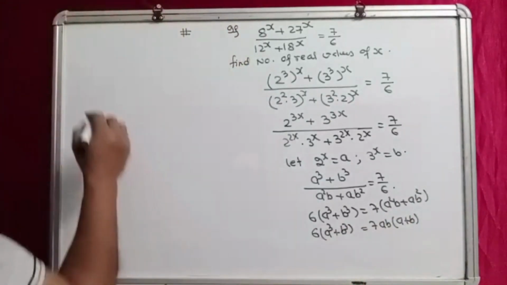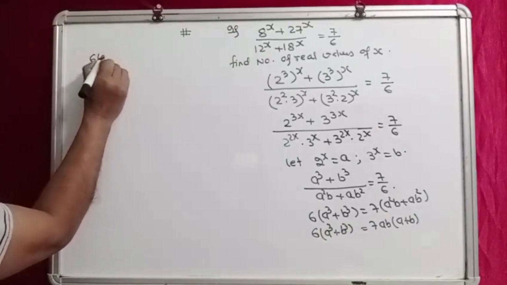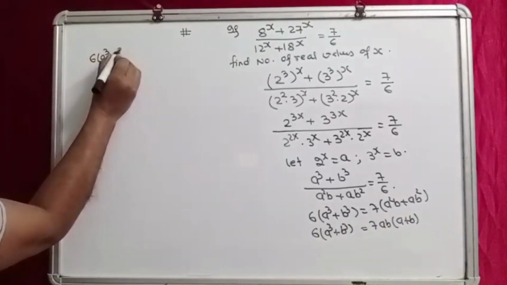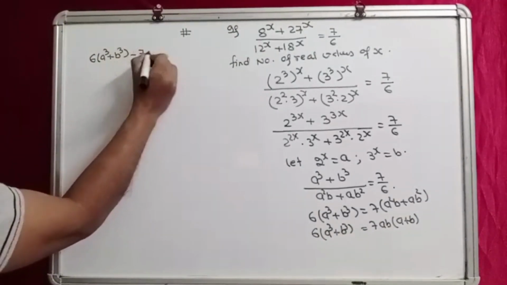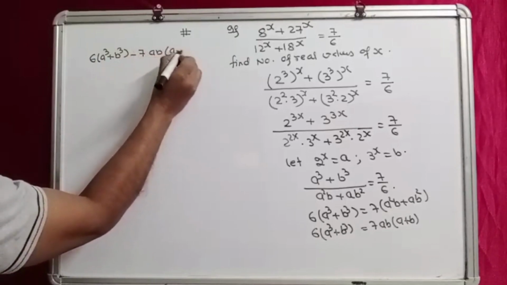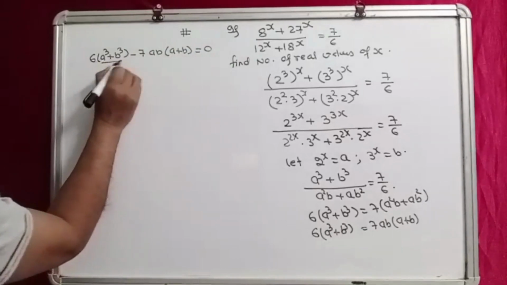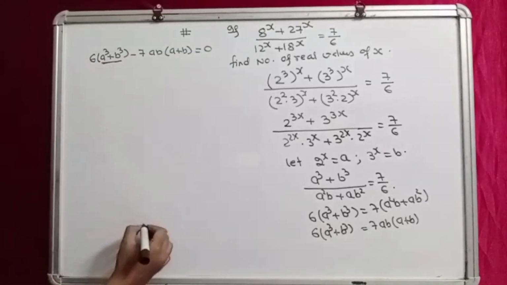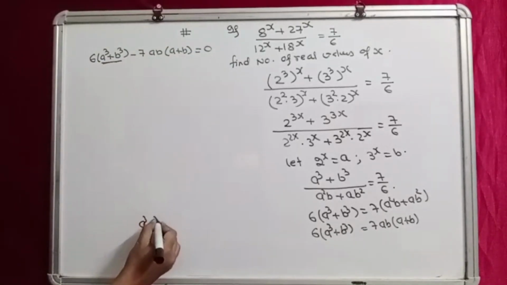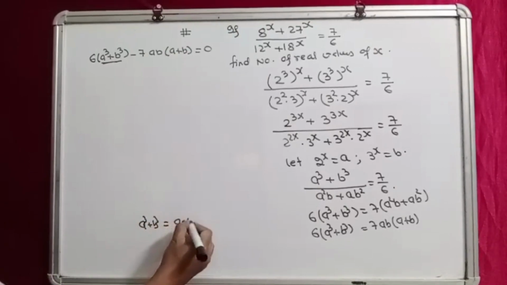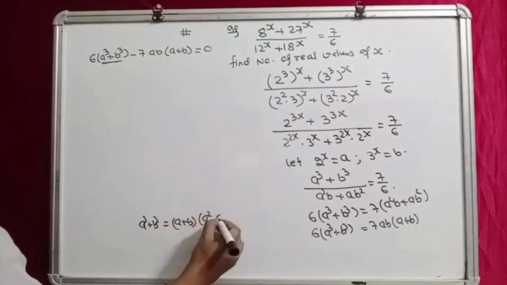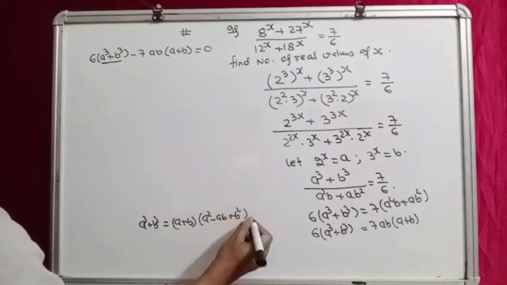Transposing this to the left hand side, 6(a cube + b cube) minus 7ab(a + b) equals 0. Here we can use the identity a cube plus b cube equals (a + b)(a square minus ab plus b square).